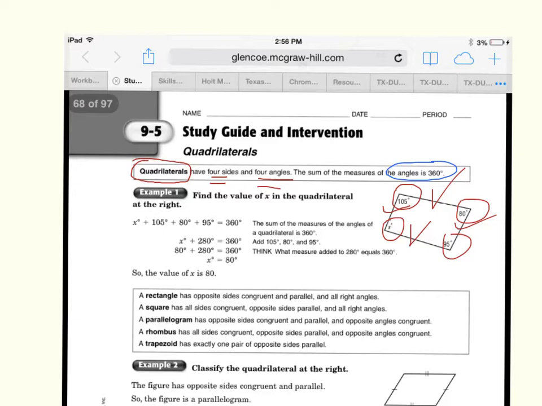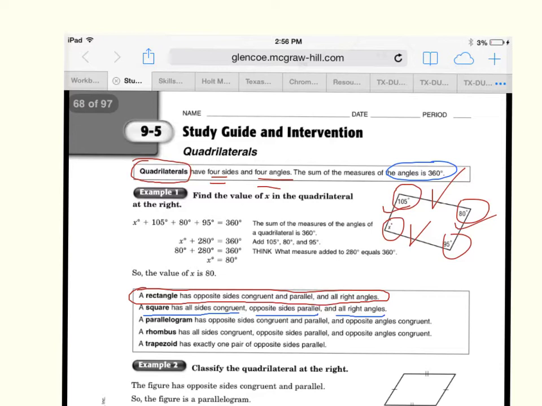Here's some definitions. Rectangle, opposite sides are congruent and parallel, and all right angles. A square, all sides are congruent, opposite sides are parallel, and all the angles are right angles. Very much like a rectangle.